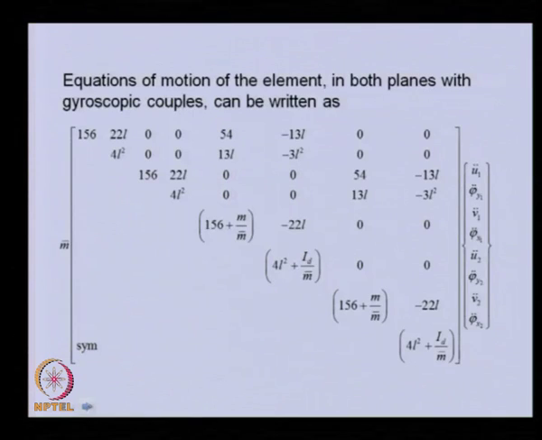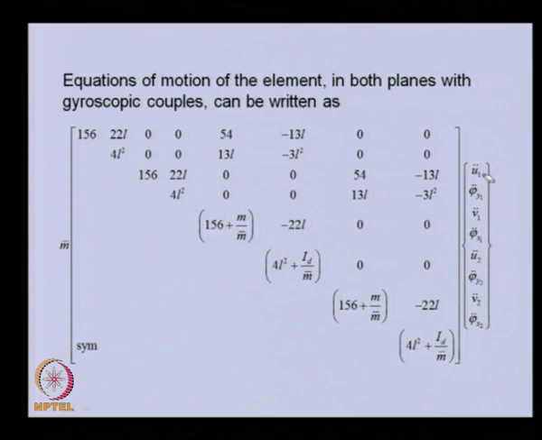So with this, now we are coupling both plane motions. This is the mass matrix for that. You can see earlier we developed it for the horizontal plane and vertical plane, but now we have clubbed them.